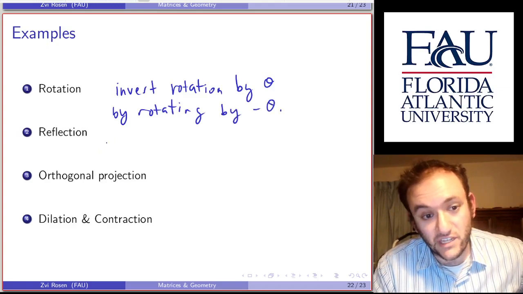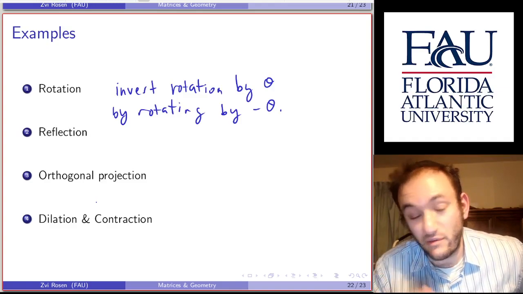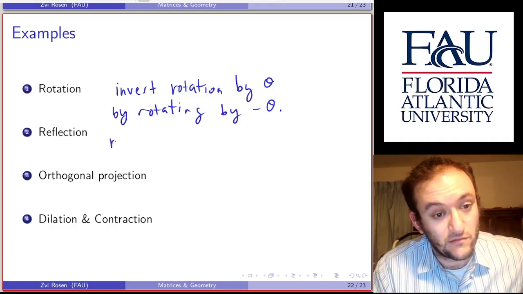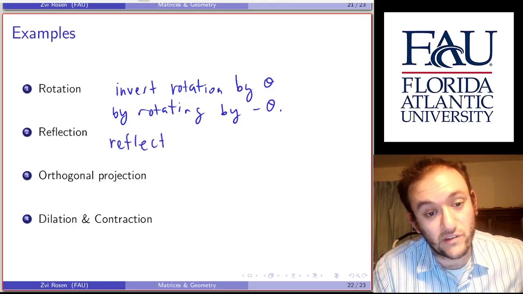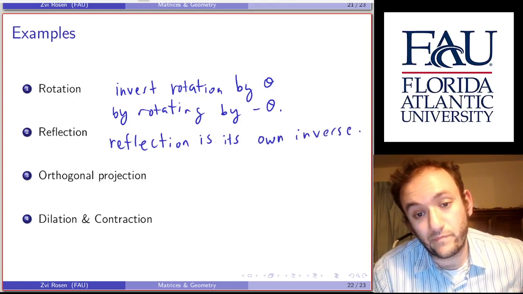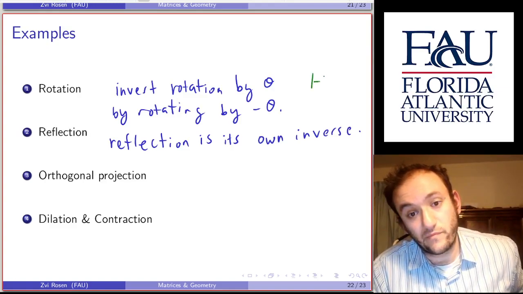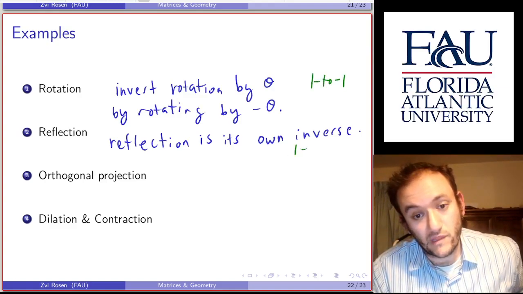Okay, reflection is invertible by just doing it twice. If you reflect and then reflect again, you get back what you started with. Reflection is its own inverse. Okay, so both of these are 1-to-1.